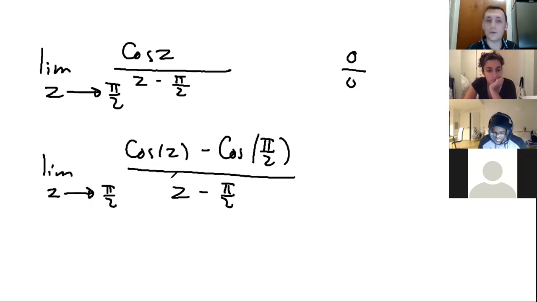Yes? Do you see now? What is this defining? It's the derivative of what function and at what point? It's the definition of the derivative that you have to recognize. All the time, it's the same thing. It's the definition of the derivative of what function and at what point. Please write in the comments or speak.